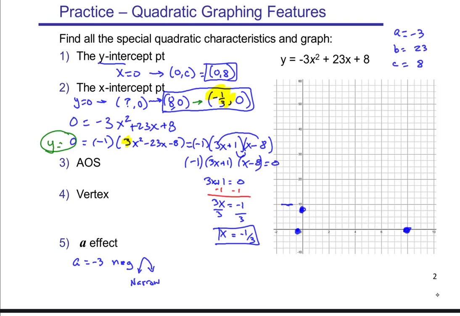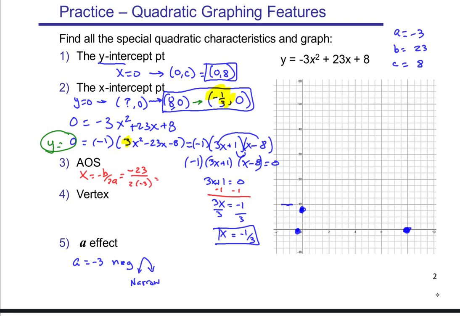Okay, so we got a little bit more to do, I think, to figure out this graph, because those points aren't too descriptive yet. But we got the axis of symmetry. So axis of symmetry is negative b over 2a, and b is 23. So we're going to go negative 23 over 2 times a. 2 times a is 2 times negative 3.